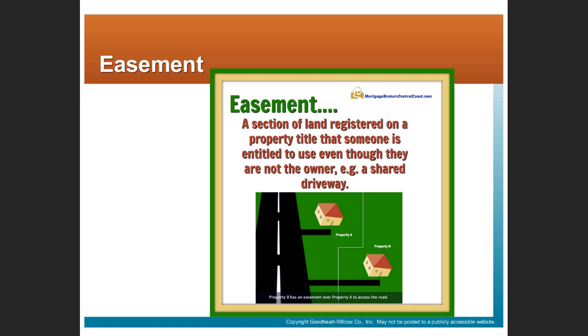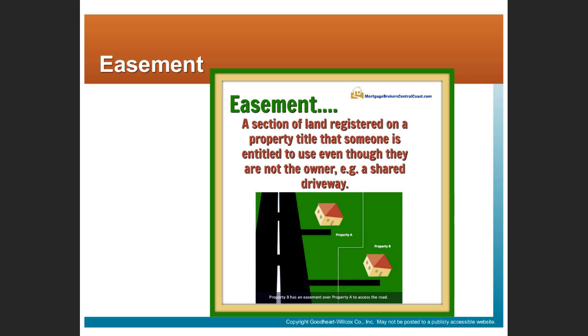Maybe that plat of survey describes an agreement that these two property owners made with each other, or it could be a legal description that was made when this property was subdivided, before these people owned it, right? The developer realized, hey, I need to make sure that the person who might live in this parcel has a way to get to the road.